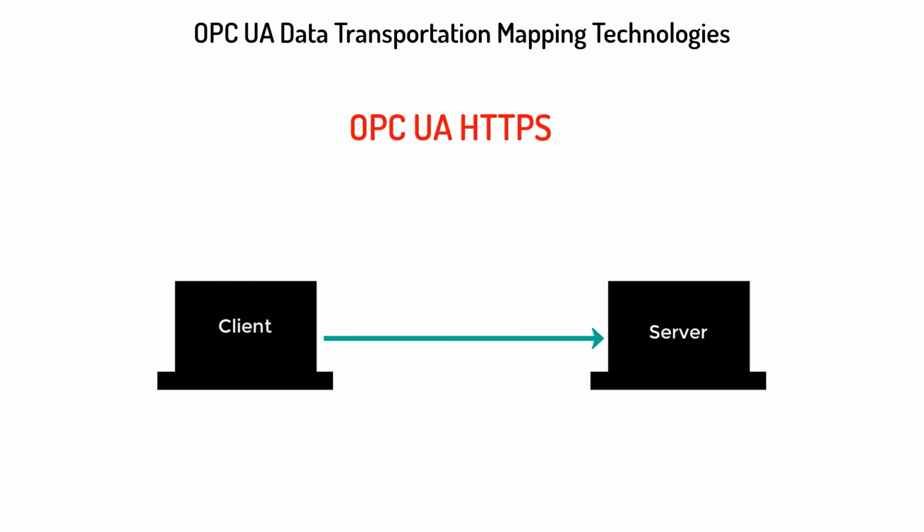Now, to connect to an OPC UA server's HTTPS endpoint, clients use the URL scheme that begins with opc.https, followed by the server's IP address or hostname, and then a port number at the end. Message encoding formats that are supported with HTTPS are XML, OPC UA Binary, and JSON Encoding.